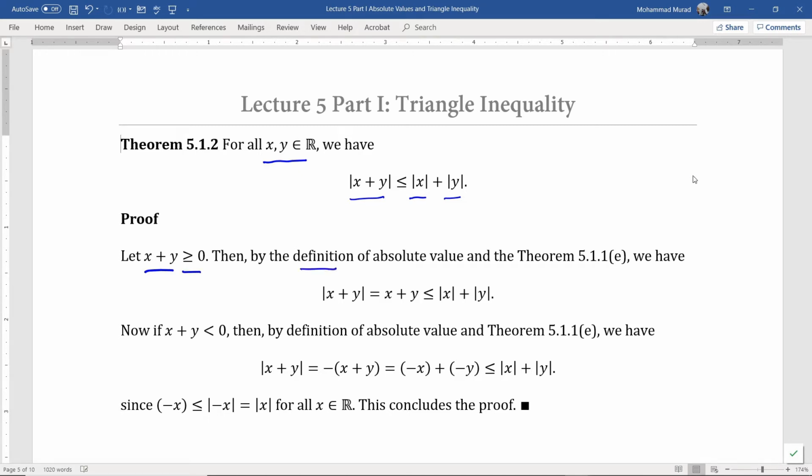Then by definition of the absolute value and theorem 5.1.1 statement E, the absolute value of x plus y must be equal to x plus y, since the absolute value of a non-negative real number is the number itself. But then x is smaller than or equal to the absolute value of x and y is smaller than or equal to the absolute value of y, following theorem 5.1.1 statement E.